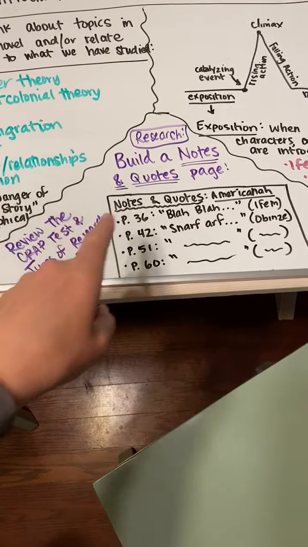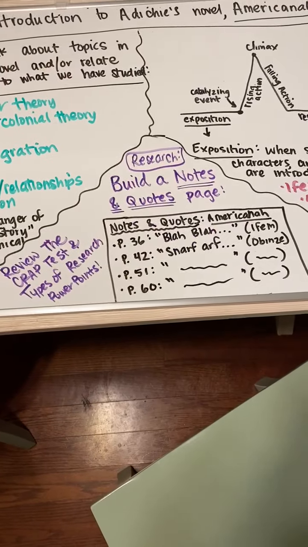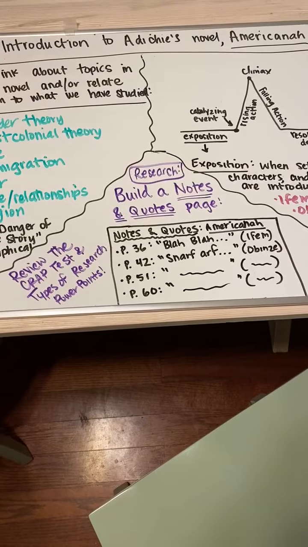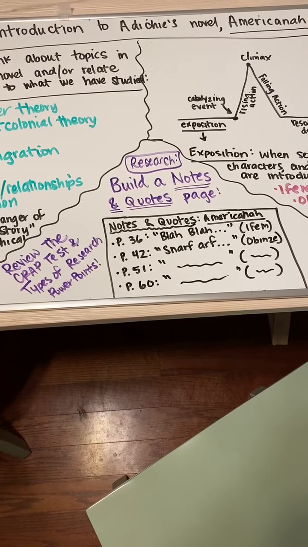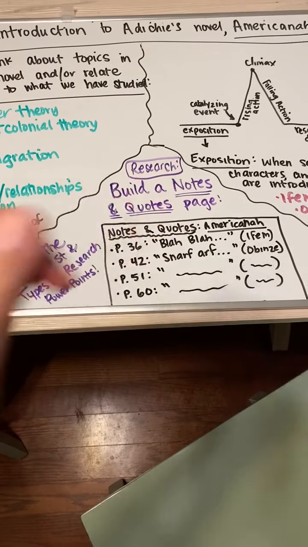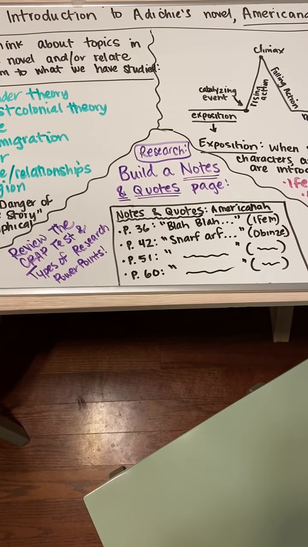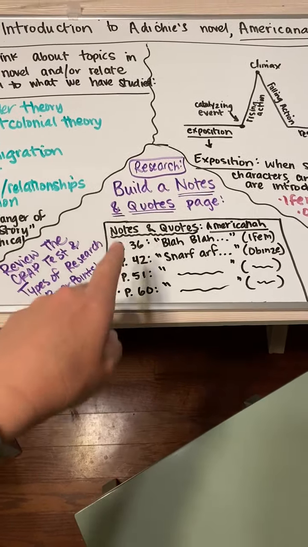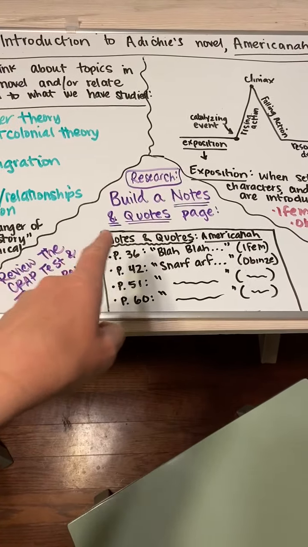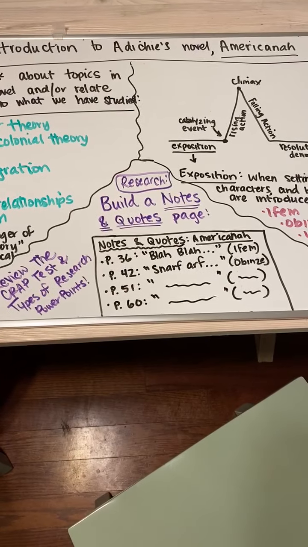One way that you can build research in the text is by building a notes and quotes page, either on your phone, on your computer, laptop, or in a notebook. All you need to do is create a new page and title it Notes and Quotes Americanah. And then, as you can see, what I did is put the page number first, and then just the first couple of words of the quote.